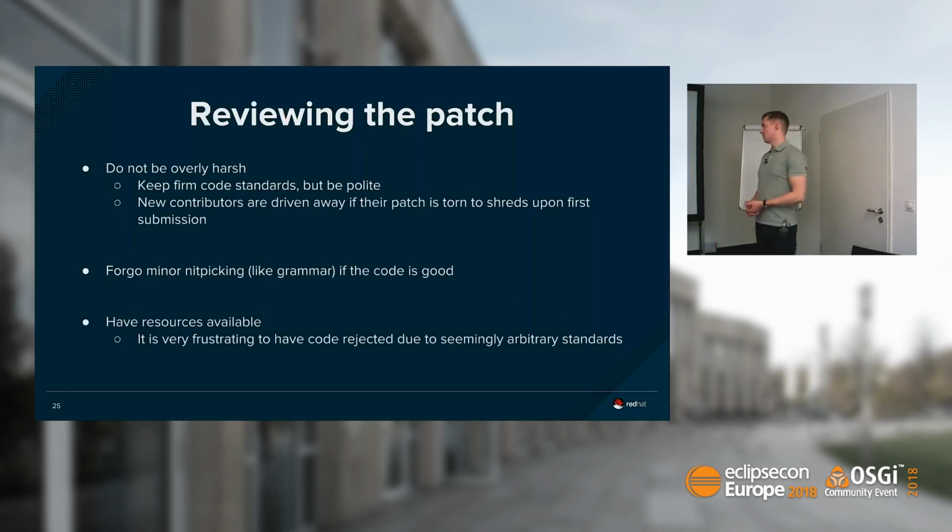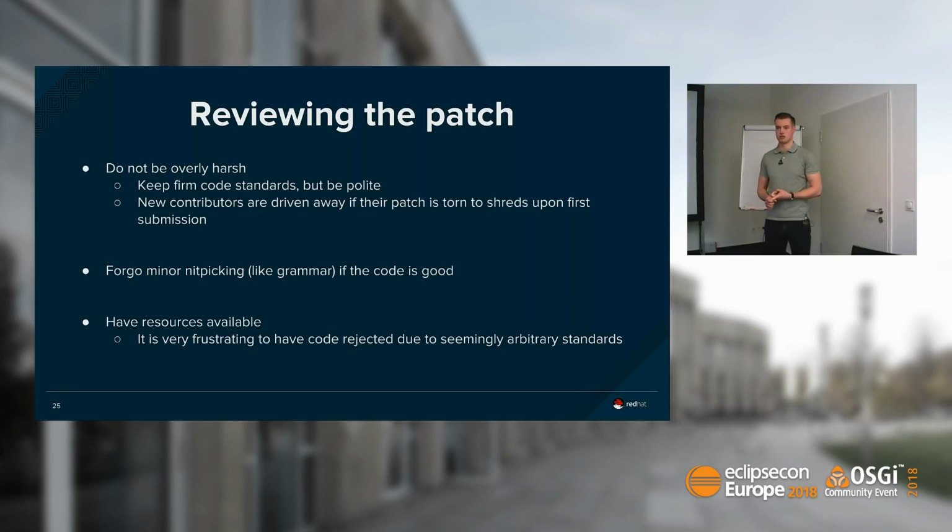So in terms of actually reviewing the patch, some good advice would be not to be overly harsh right at the outset, especially if it's someone who's contributing for the first time. If you're contributing a patch somewhere and a committer comes out of the blue and starts really ripping you a new one about X, Y, Z, or some things you didn't even know, you're probably going to feel pretty discouraged and you're not going to come back. So be polite is the first one.